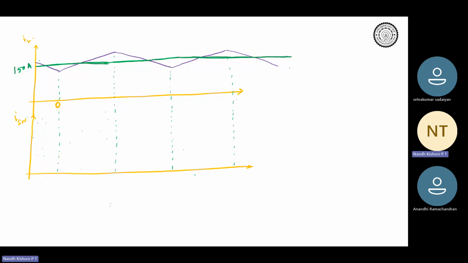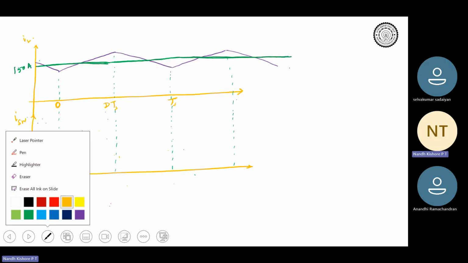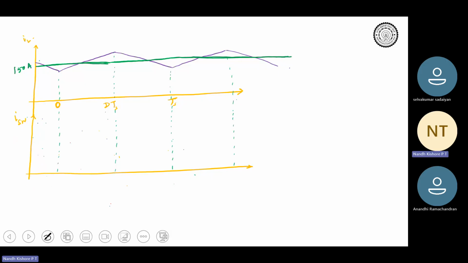You're right. So this will be DTS and this will be TS. This is one switching cycle and so on. So what will be your I switch then? I switch will be equal to the inductor current when the device is on, and it will be 0 when the device is off.